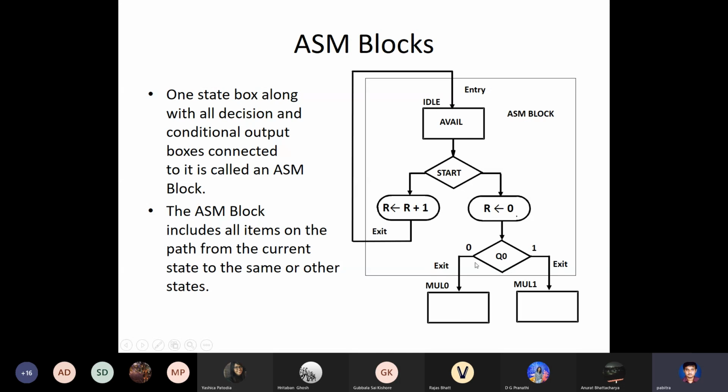So you see this outgoing path, this outgoing path, this outgoing path, they are all terminating in a state box. Now, this state box may be in the same ASM block, looping back, or other state boxes may belong to different ASM blocks.